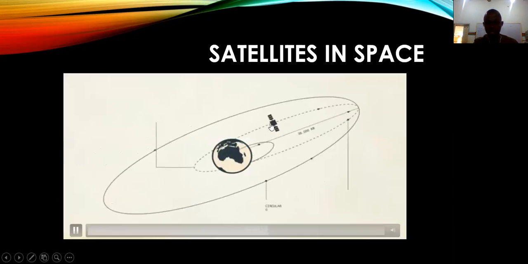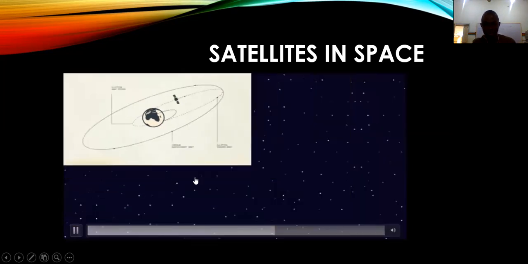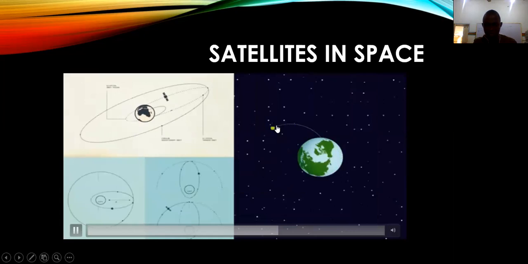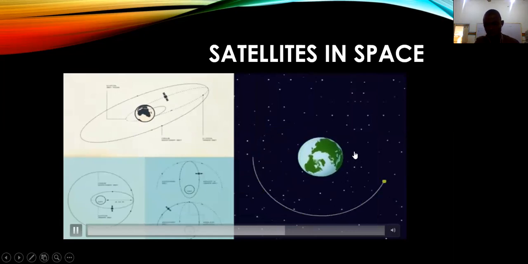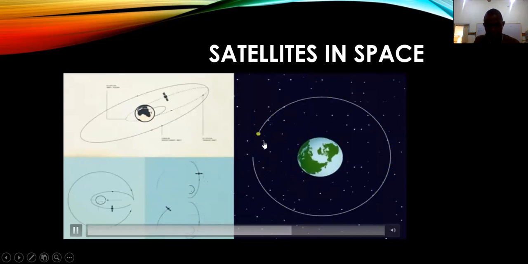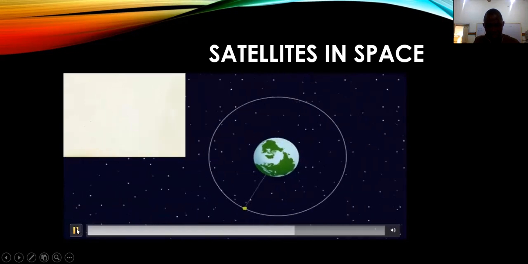When the satellite enters orbit here, it revolves around the earth. Look at it here. You launch it out, and then it goes like that. Instead of falling back to the earth, the satellite stays there in the orbit.